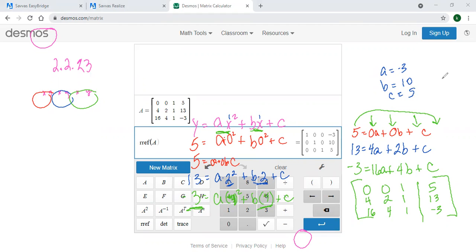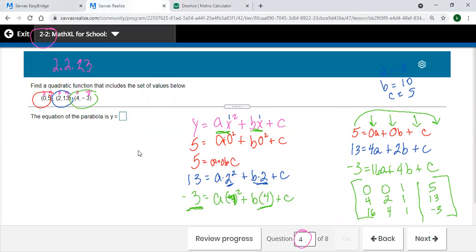All right, so the other way to have done this problem, if we went back here, from the red equation that we had, this one right here, we had that C equals 5.